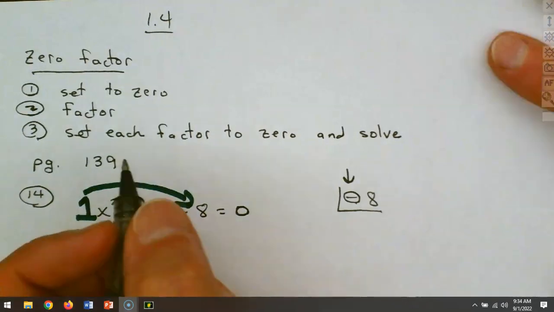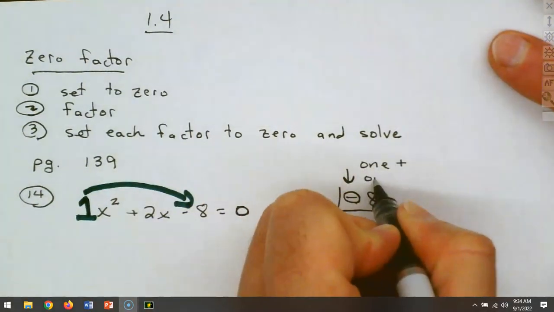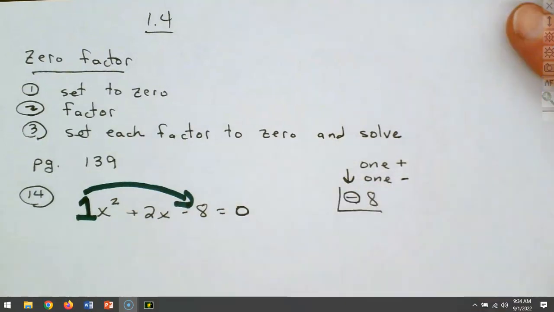So what does that mean? That means that one number is positive, one number is negative. Why? Because we want two numbers that multiply together to give you a negative 8. And how can we get a negative number when we multiply? Well, the only way that that can happen is one positive, right, and one negative.